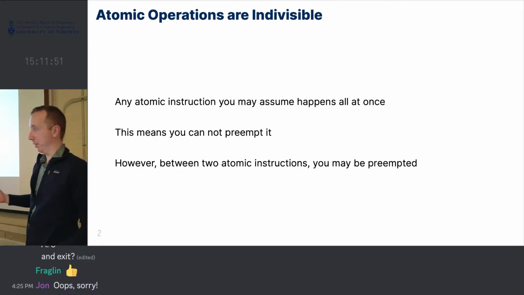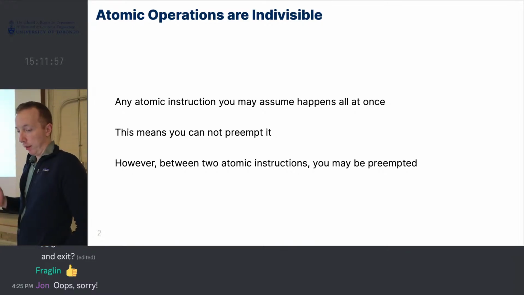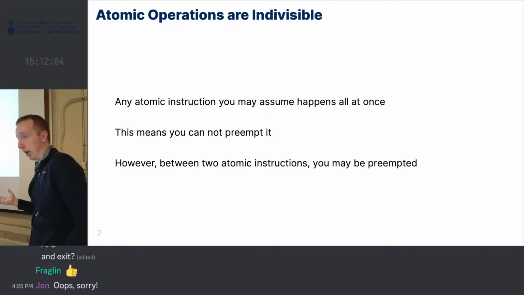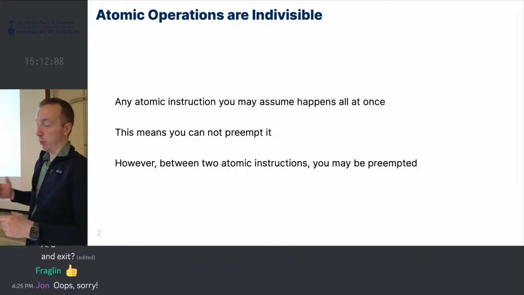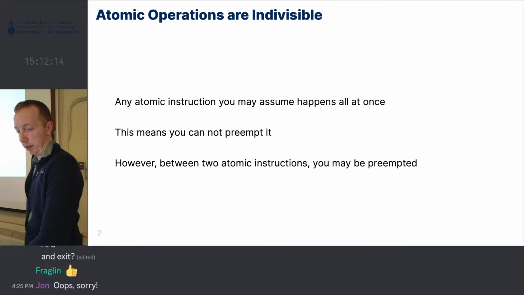Kind of like atomic particles, you can't divide them up anymore. They either exist or they don't exist. That means you can't preempt an atomic operation because it has either happened or not, but you can have preemptions between 2 atomic instructions. So you might get preempted at any time in between any 2 atomic operations.